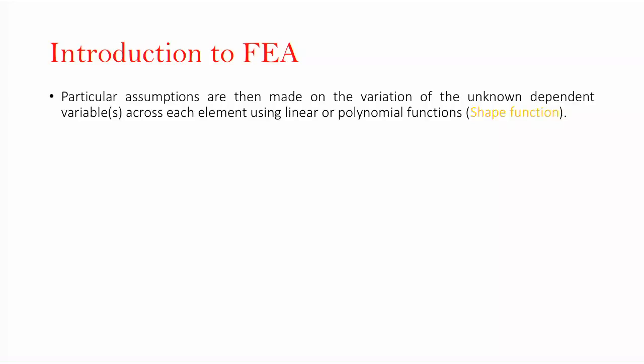This is the simplest form of the relationship, right? For the small area. But if you want to be more accurate, we can use polynomial relationships. These relationships are called shape functions. Don't worry about it. I'm going to explain it in detail in the next lectures. But just remember these terms: node, element, shape functions.